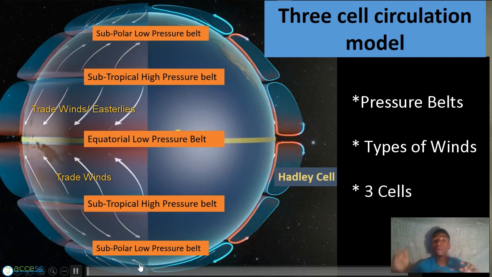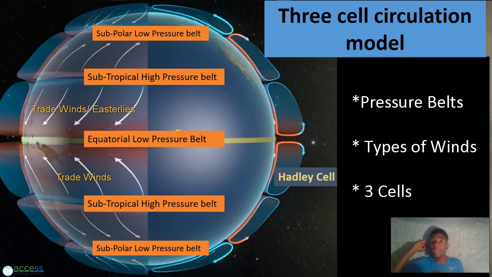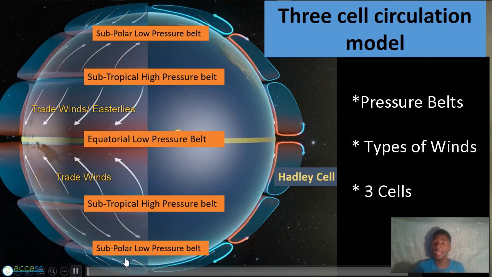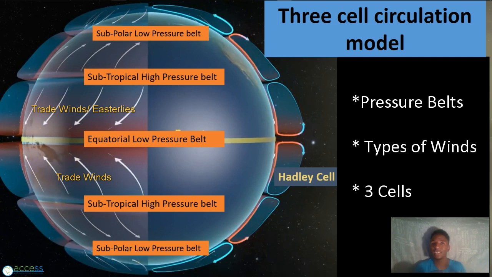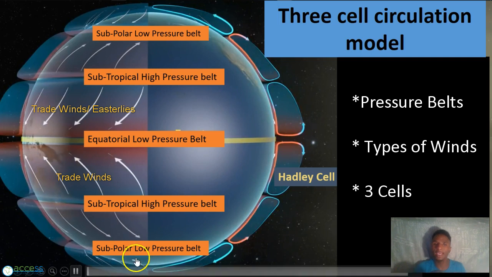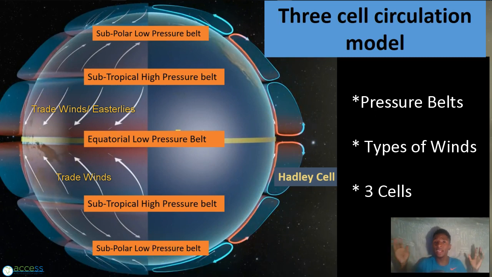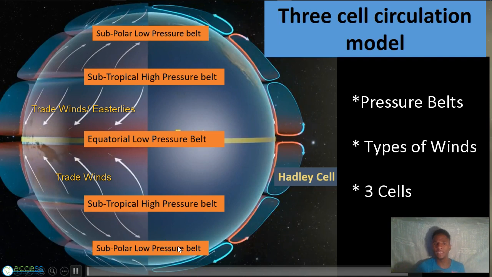In the polar regions, we have cool climatic conditions, so the air there will be cool, and it will move towards here and converge here. When it converges, you may be curious why we have a low pressure here. Why is it a low pressure? Because, as I've already explained, the climatic conditions are cool. Here we have two land masses.